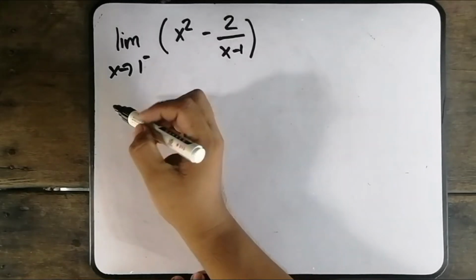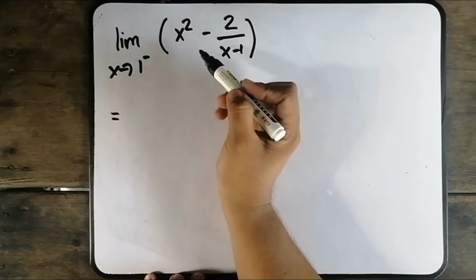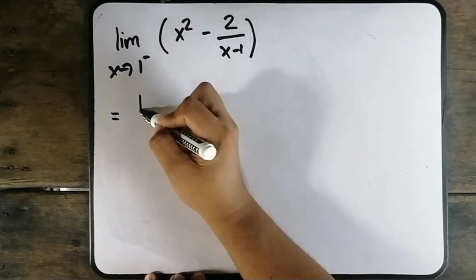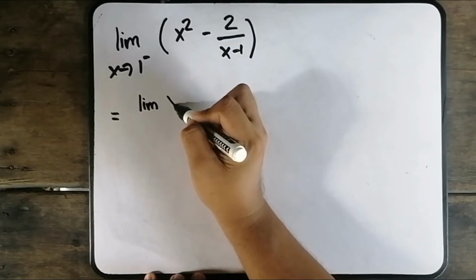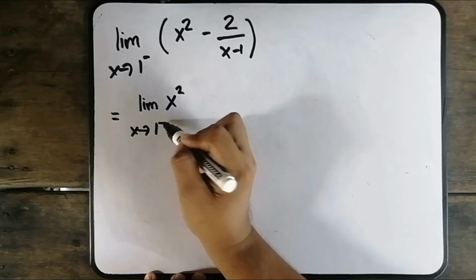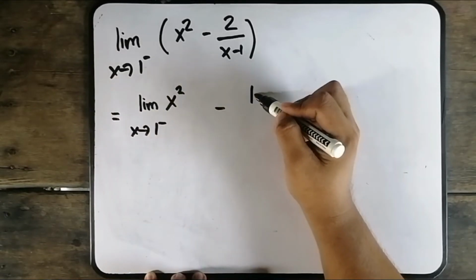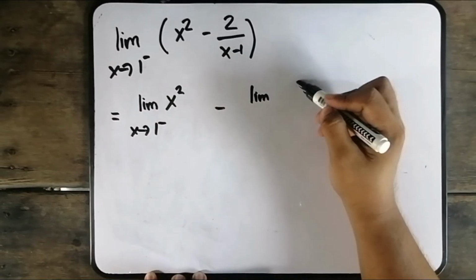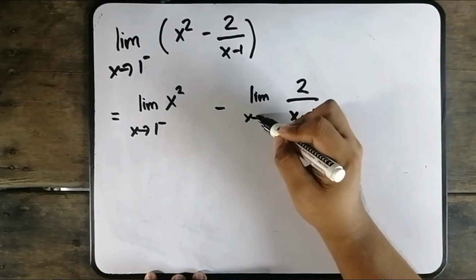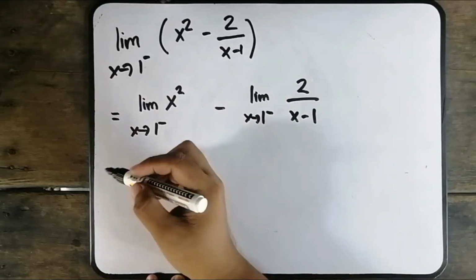Now, let's evaluate the limit of x squared minus 2 over x minus 1 as x approaches 1 from the left. So by our previous theorem, sabi nga natin kanina, we can actually get the limits of the individual terms. So we have the limit of x squared as x approaches 1 from the left minus the limit of 2 over x minus 1 as x approaches 1 from the left.